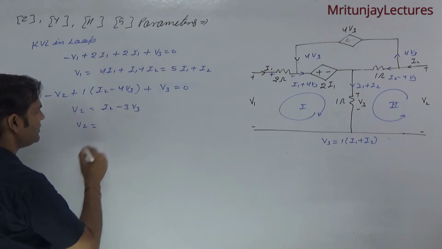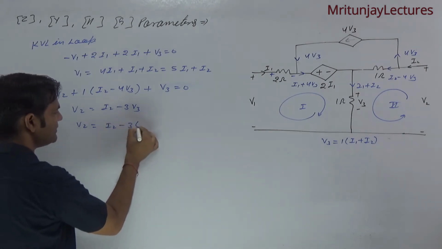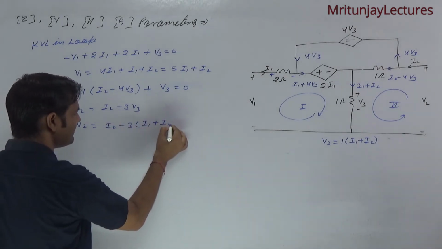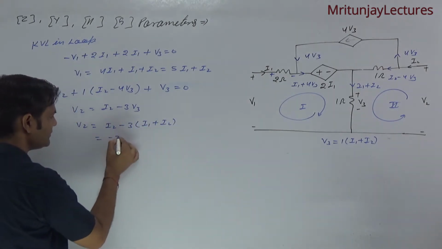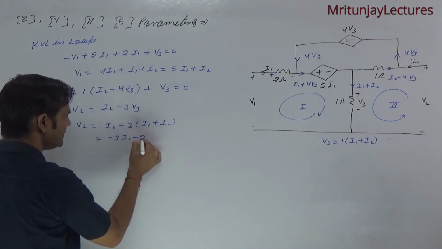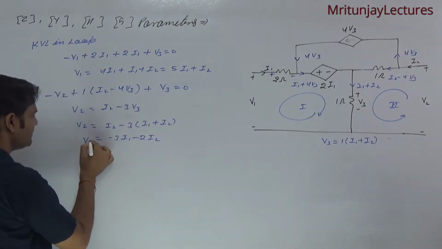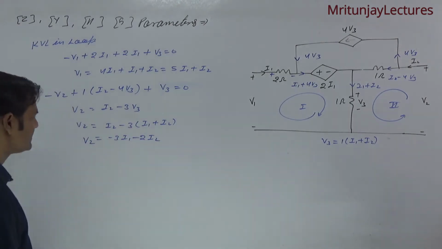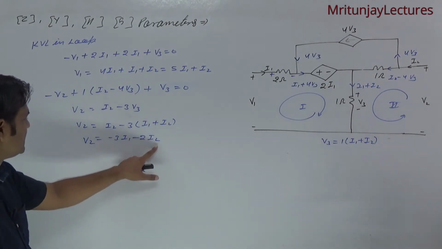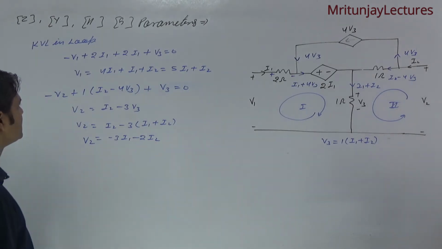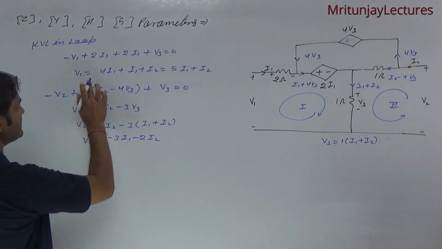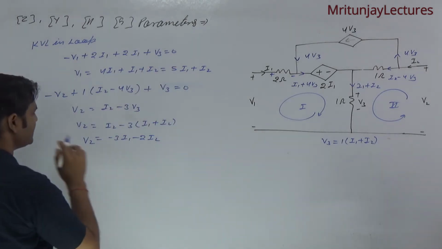So V2 is equal to I2 minus 3(I1 plus I2), that is minus 3I1 minus 2I2. This is equation number 1, and this is equation number 2.